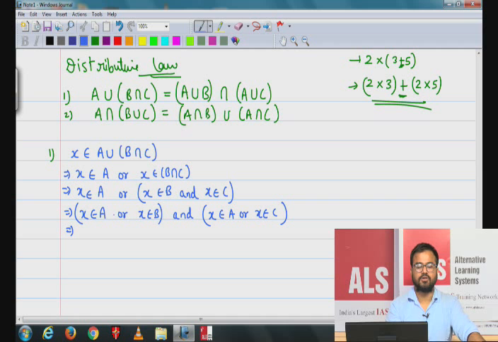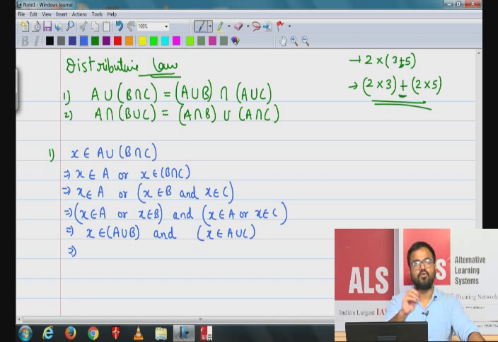So x belongs to A or x belongs to B, we can write this as x belongs to A union B, and x belongs to A union C. And now both of them can be rewritten as x belongs to (A union B) intersection (A union C).